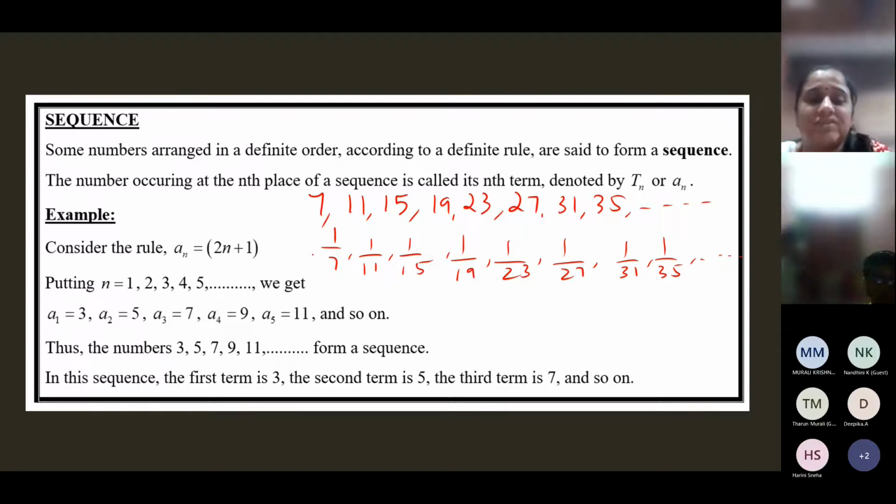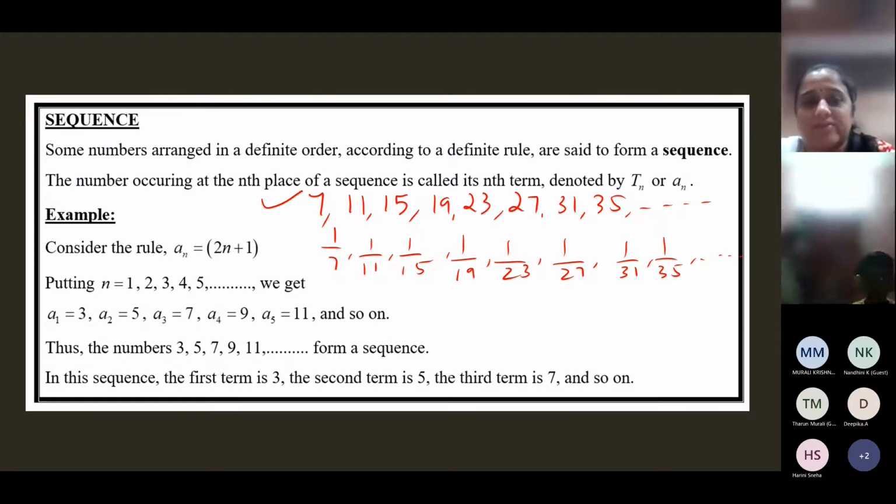The first sequence is in arithmetic progression because the difference between any term and its preceding term is a constant, is fixed.